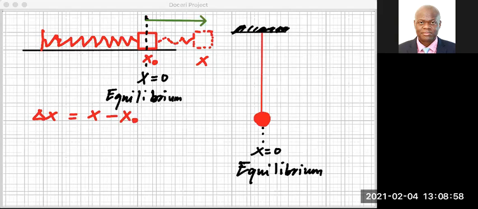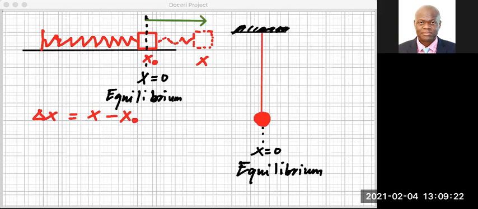So let's say this was a number line and the object was located at coordinate 7, and it was displaced to a new coordinate 10. The change in position will be 10 minus 7, which gives us a displacement of 3 units.